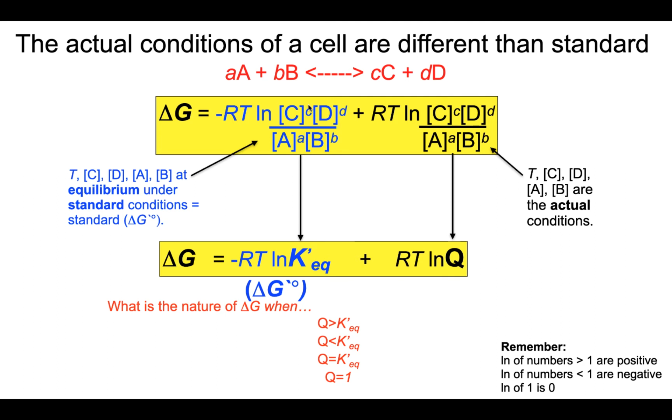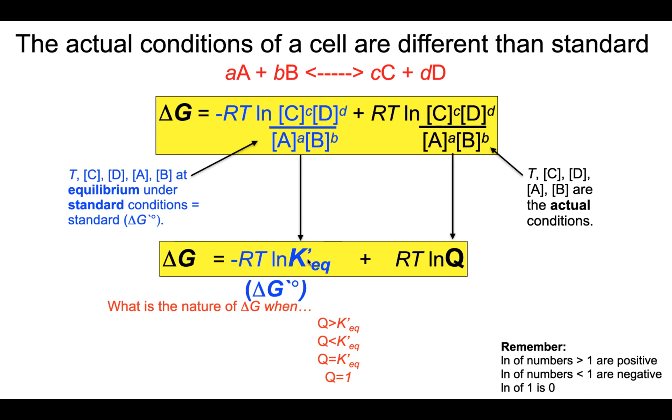When we look at the product of the products divided by the product of the reactants at equilibrium, that's our KEQ, our equilibrium constant. This represents where the reaction wants to be. It wants to get to equilibrium.